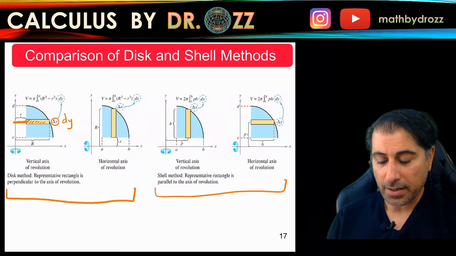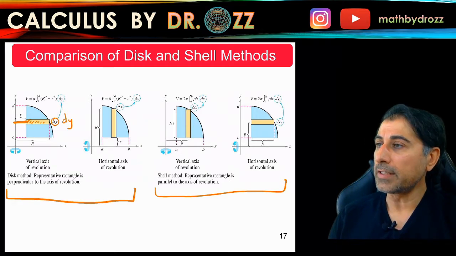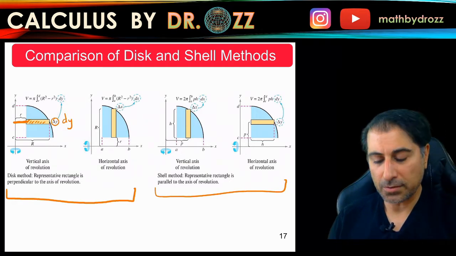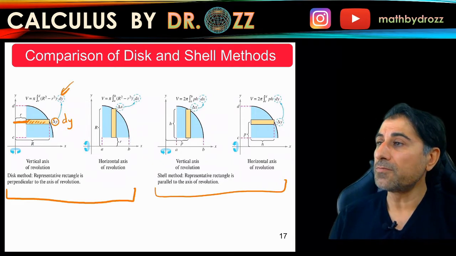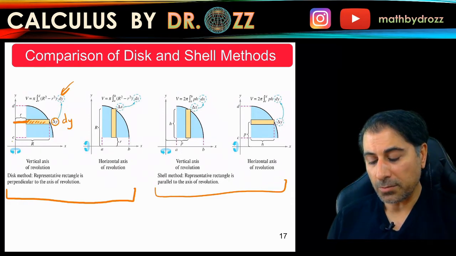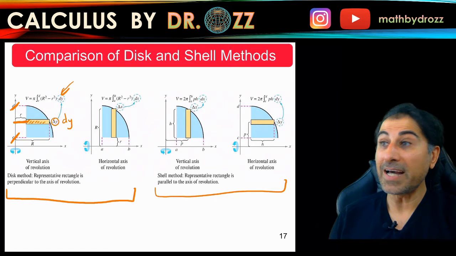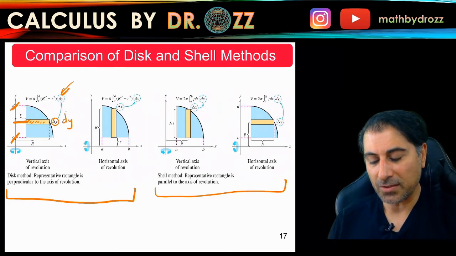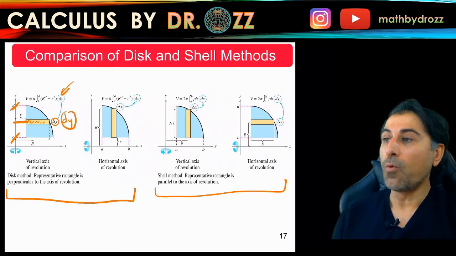As you see, capital R is the outer radius and little r is the inner radius. So we plug those into the formula so that we get the volume. And here the limits of the integral are determined by the c and d values on the y-axis because this integral is going to depend on dy.